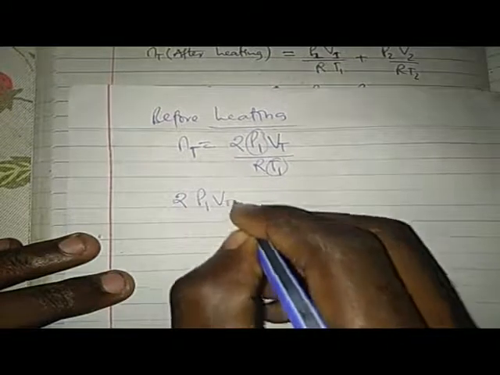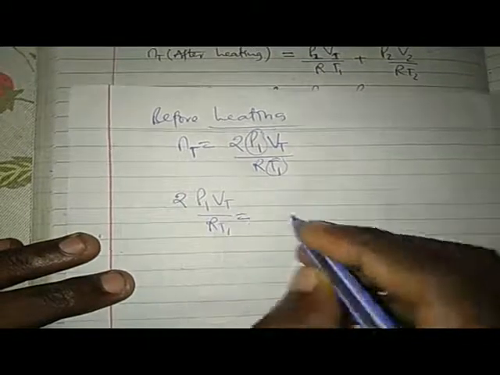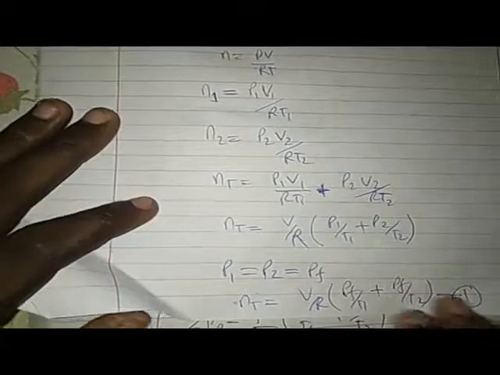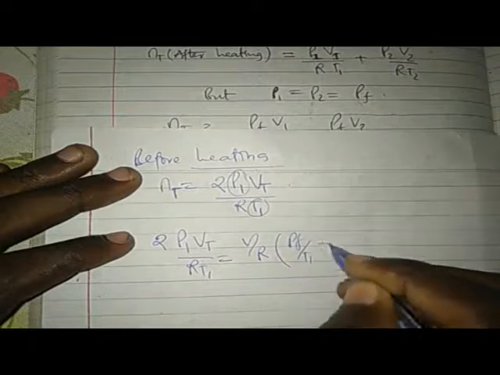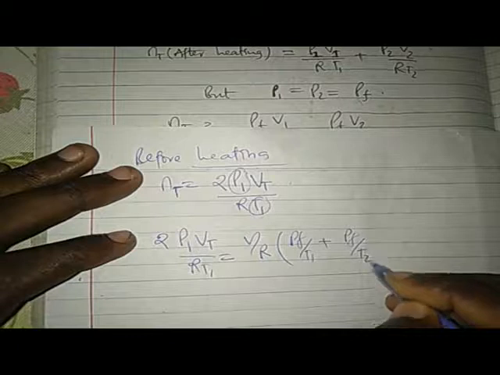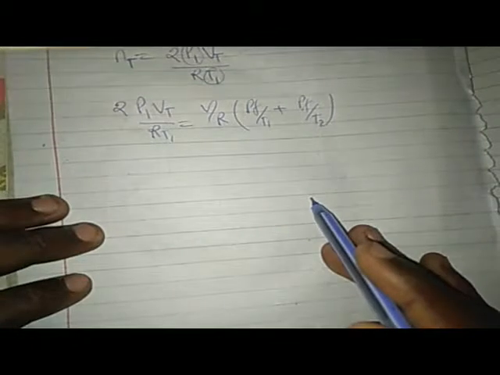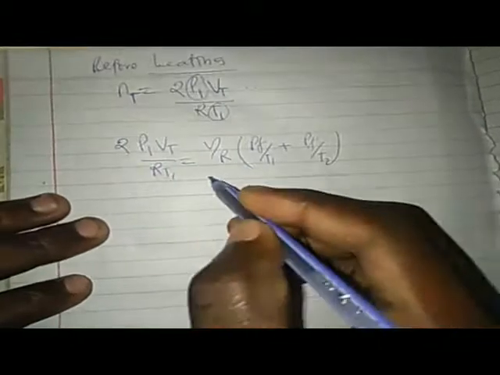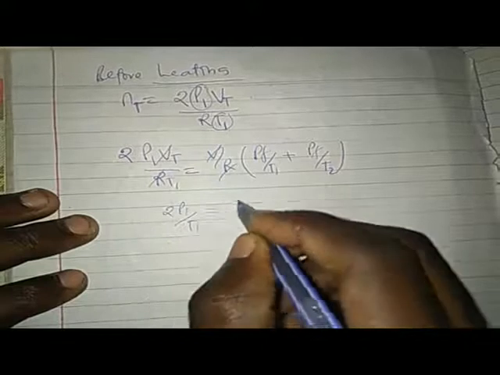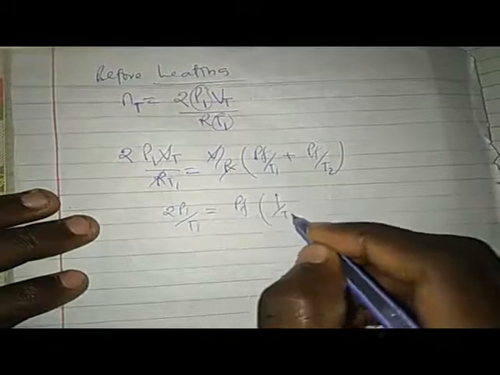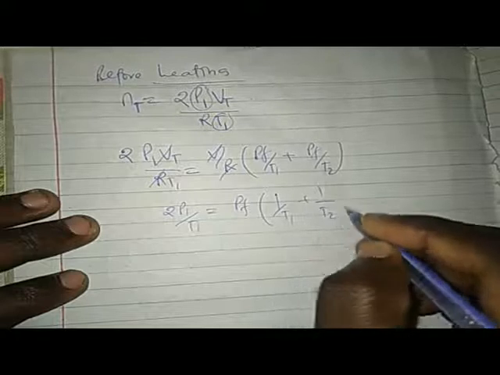So equating these two equations, we get 2 P1 V divided by R T1 is equal to V divided by R, then P final divided by T1 plus P final divided by T2. So we get an equation like that. After that you can see that V and R cancel on both sides. We remain with 2 P1 divided by T1 is equal to P final, then 1 divided by T1 plus 1 divided by T2.